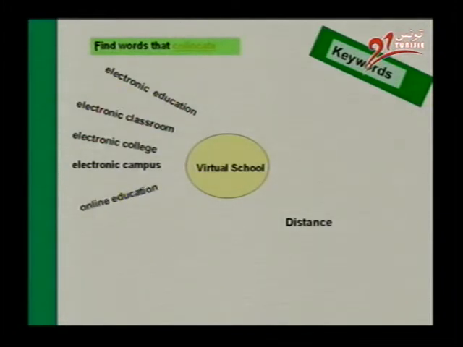We can find also the collocation online education and distance education. Now, distance education is the oldest of these concepts, as it has a negative attribute attached to it, as it focuses on the distance between the teacher and the learner rather than on the means or channels of communication.